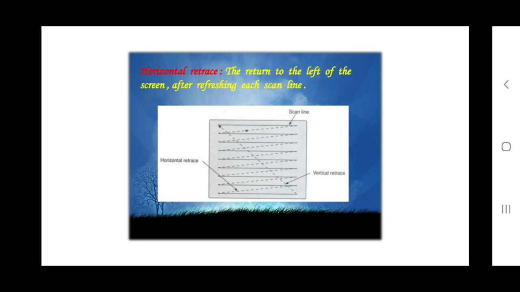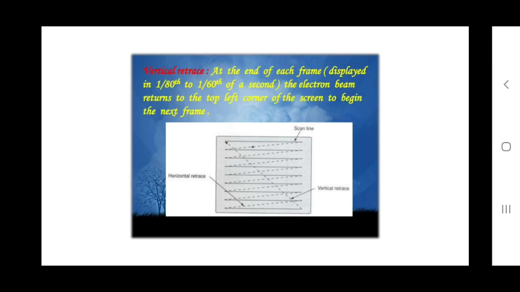After it moves across the screen, when the last line comes and the image ends there, it goes back to the first line. This is nothing but a raster scanning system, where the image is scanned across the entire screen.